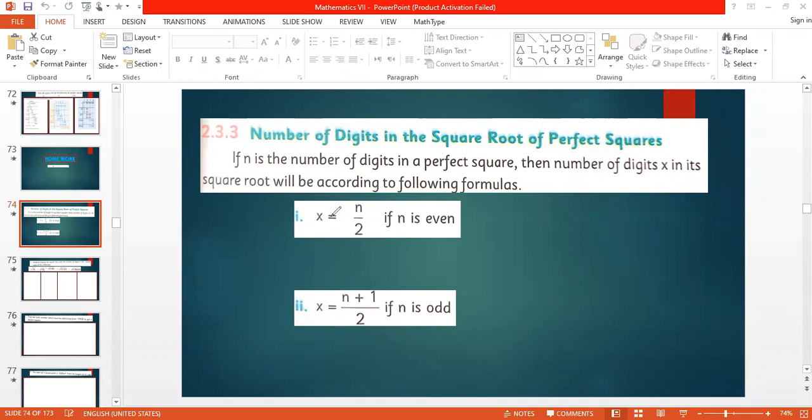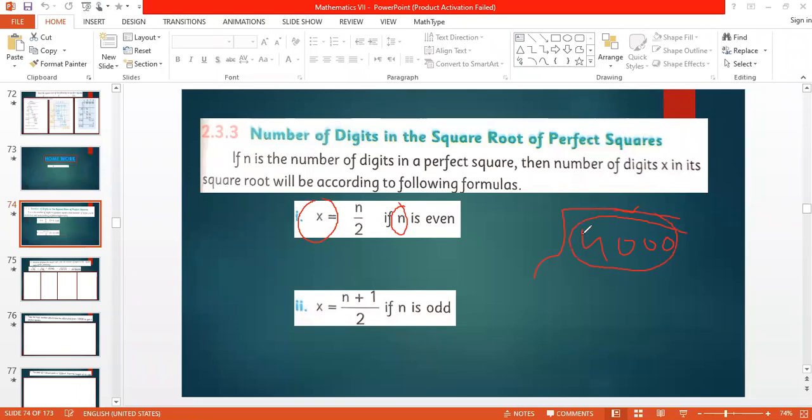For that, remember, if we have n digits, and n is even, meaning in this number we have an even number of digits, 1, 2, 3, 4.